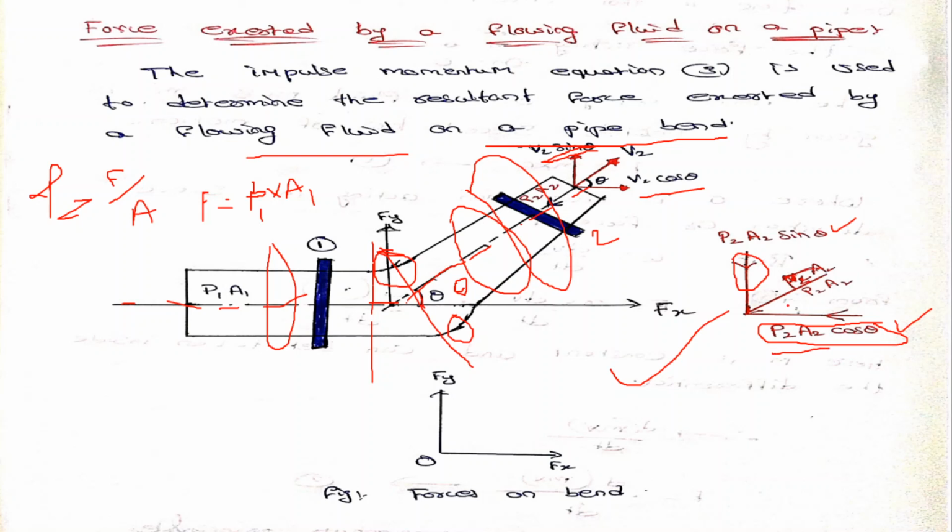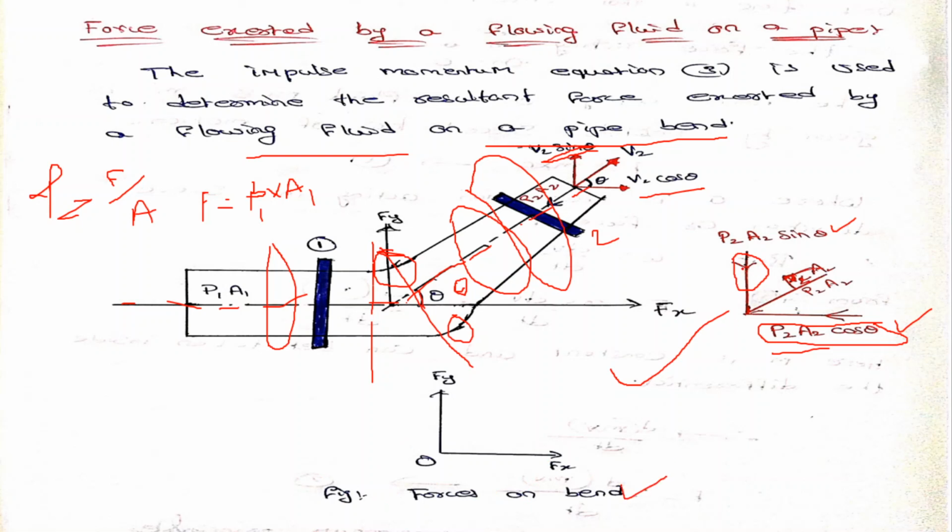Both sections will be P2A2, because before section 2, up to here the pipe is in the same area, so we are saying P2A2. P2A2 means force at section 2, that is Fy. Now that is force on bend. The overall diagram name is force on bend.